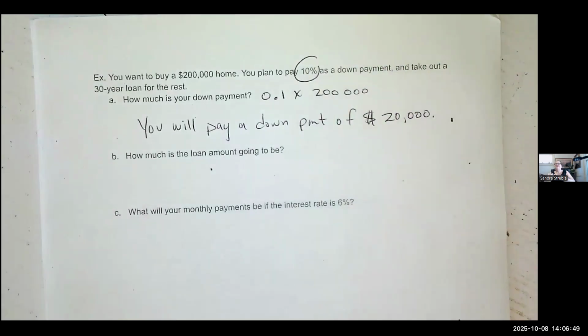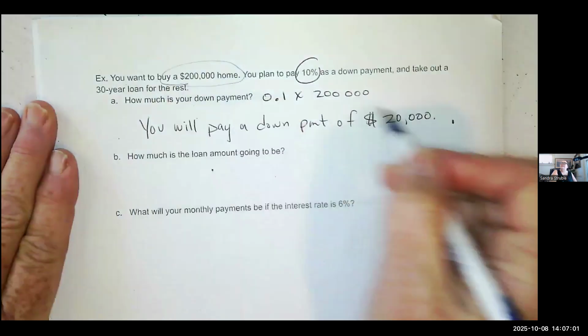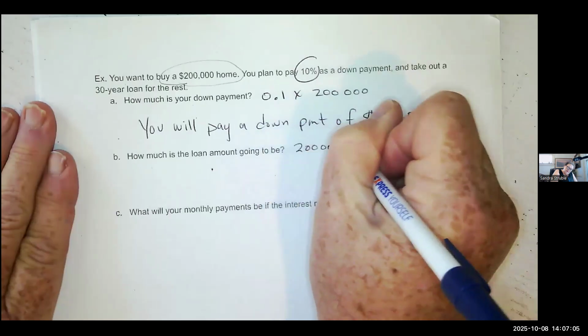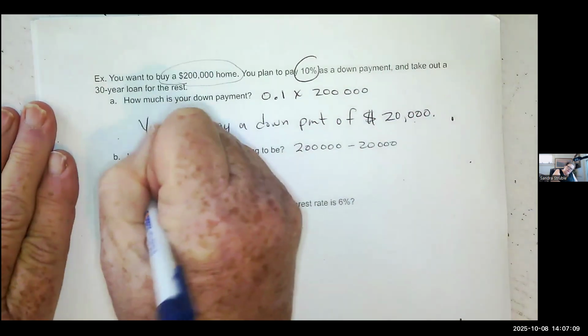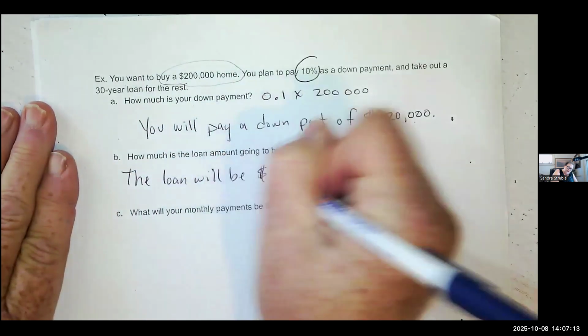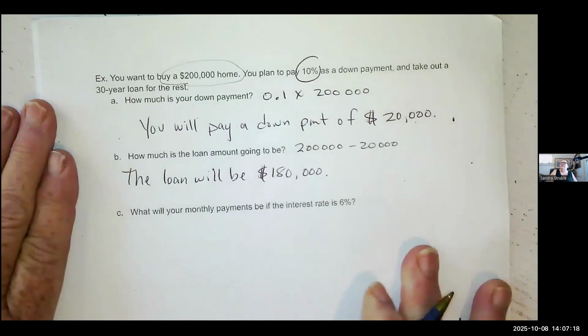Now, if you paid 20% down, you would avoid a specific required insurance called PMI. But let's go with the 10%. How much is the loan amount going to be? Well, that is just the amount of the home minus the 20,000. So the loan will be $180,000. Just subtract the two.